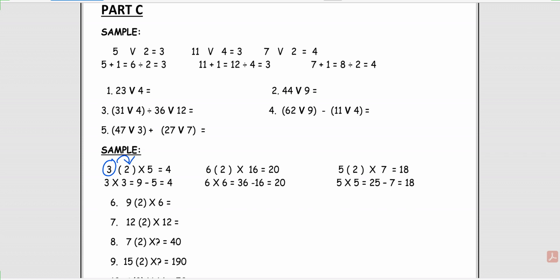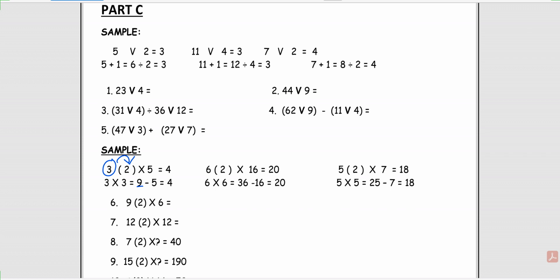So 3 in bracket 2 means 3 multiplied by itself twice. That's 3 times 3 minus the second one. So you do 3 times 3, 9, minus 5 to get your answer. 6 times 6, 36, minus 16 to get your answer. 5 times 5, 25, minus 7 to get your answer. So that is what you do in this sample.